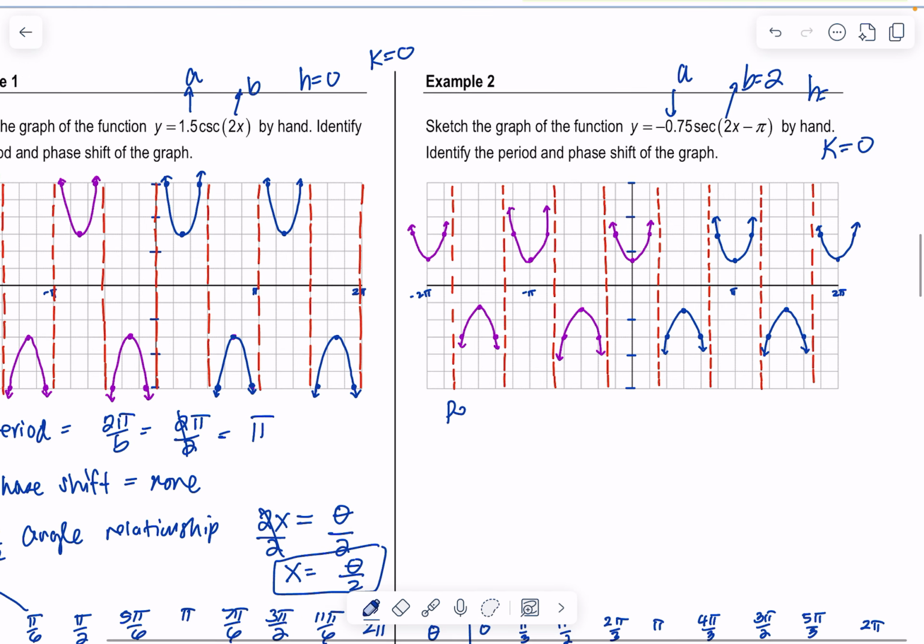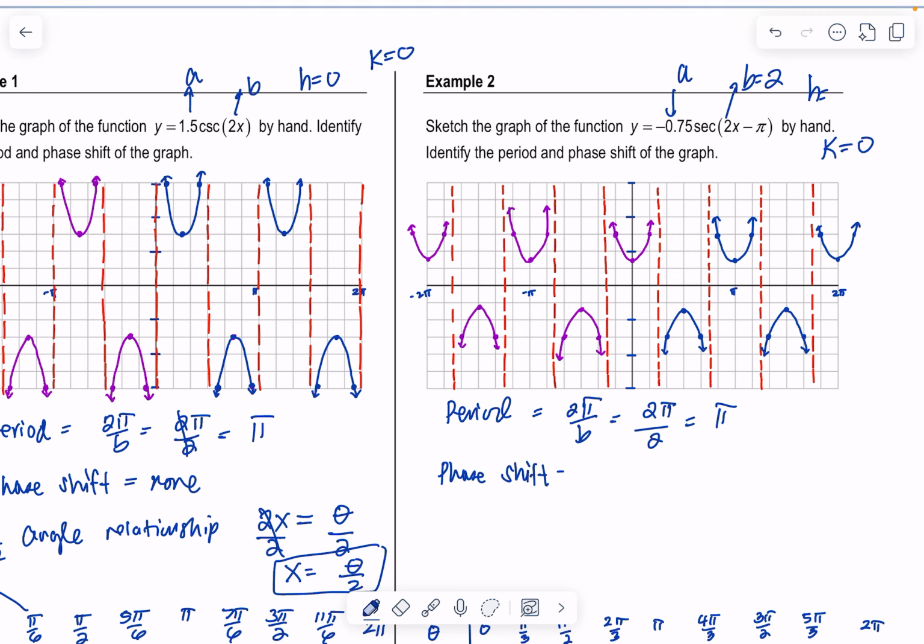So let's do our period. Period is 2 pi over B. So 2 pi over 2. So our period is pi. And then our phase shift is going to be 2x minus pi equals 0. This is the H value, yeah?